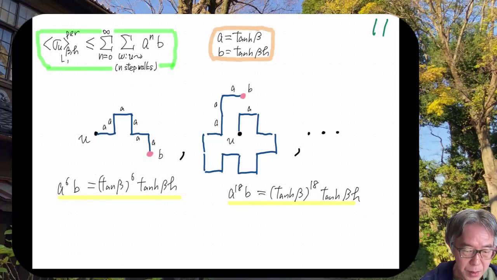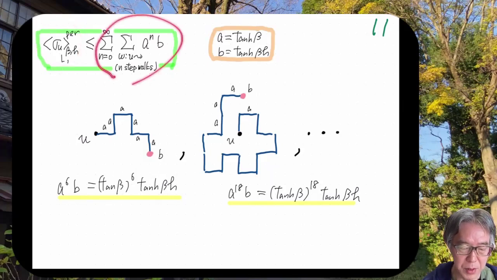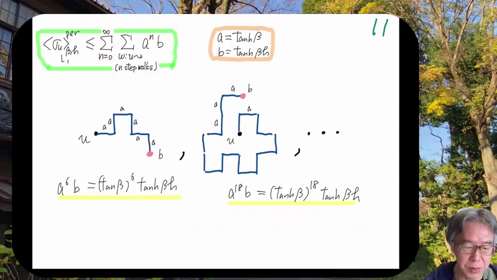And now, what does this say? Well, this inequality says that this expectation value is upper bounded by this thing. What is this? Here I have a sum over n, which runs from 0 to infinity, and here I have a summation over all n-step random walks that start from u.